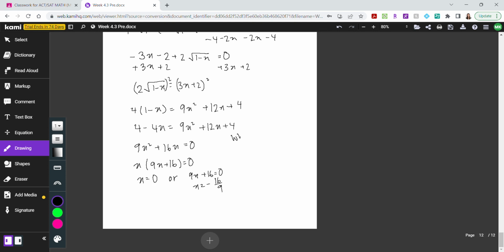So, when x equals 0, we get 1 plus 1 minus 0 equals square root 2, 0 plus 4. Once I solve both sides, I'll get 2 equals 2. Okay, accept.